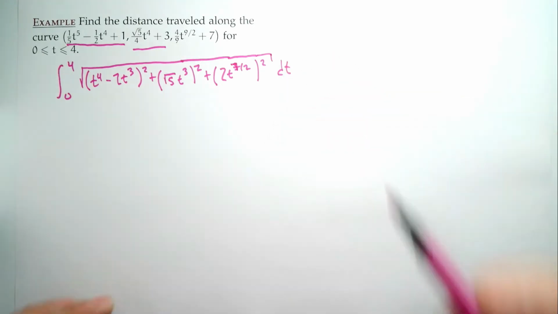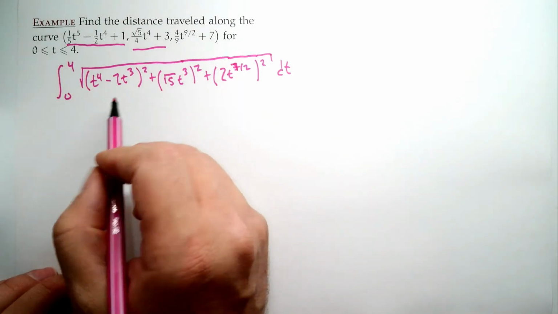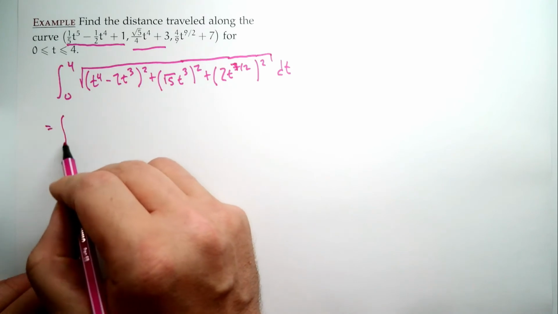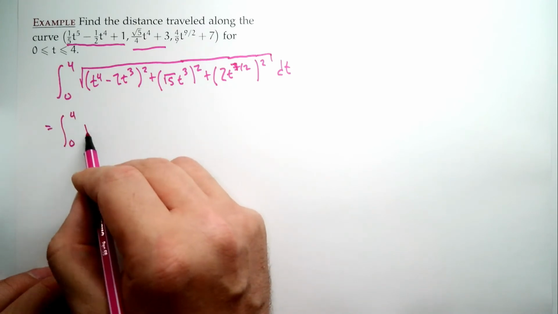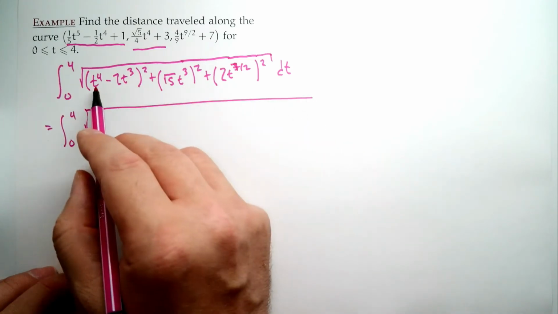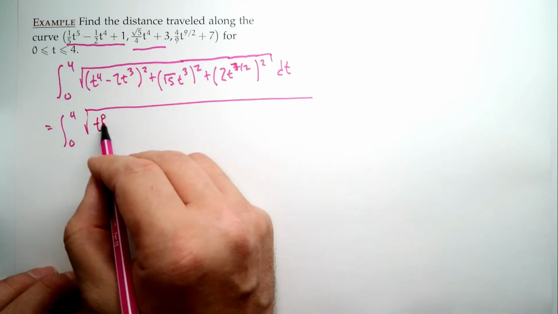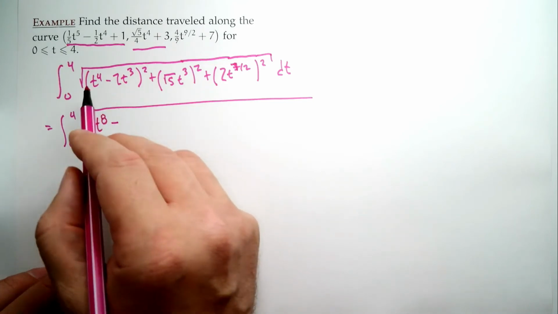All right. Well, what do you think? What should we do? Yeah, probably we should expand at least the first term, right? So this would become square root of t to the 4th squared, that's t to the 8th, minus 2ab.